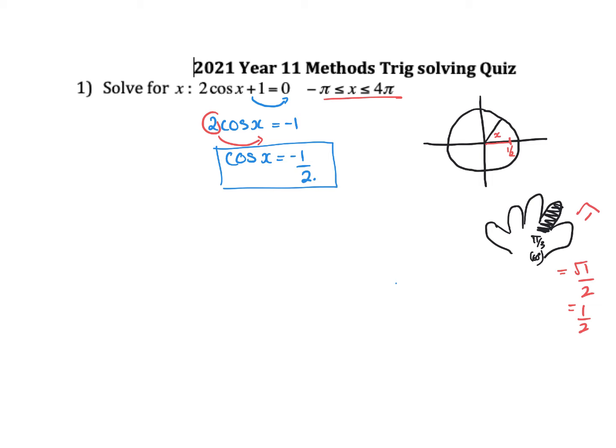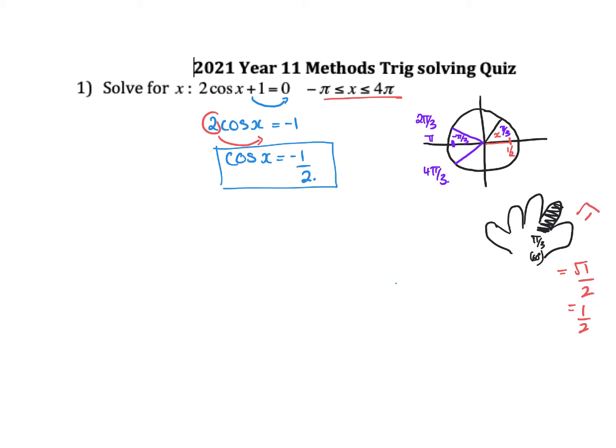So we know that cos pi on 3 equals 1/2, but we actually want when it equals -1/2. Now cos is negative out here, so this is pi, and we know it's pi on 3, so I could say we minus pi on 3, which gives 2 pi on 3, or cos is also negative out this way, so we add pi on 3, which gives 4 pi on 3.